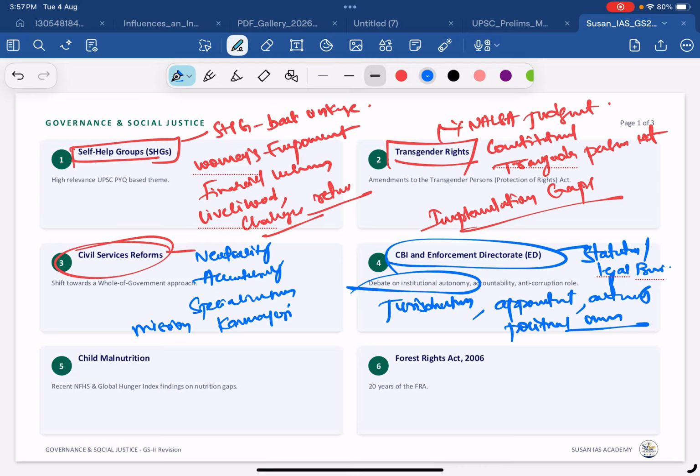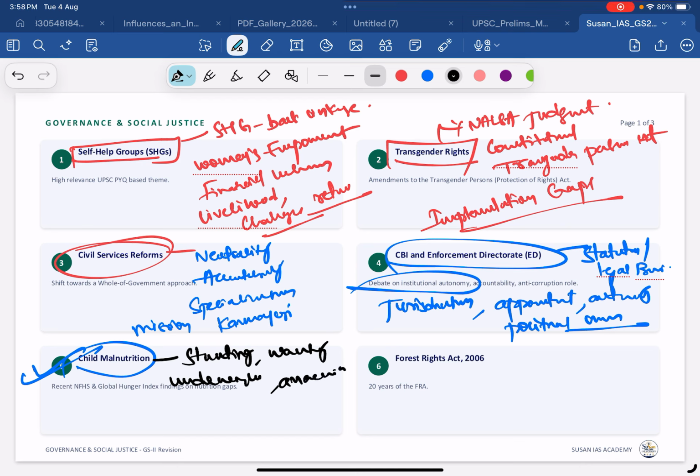Okay. Then issues in child malnutrition, you have to cover this child malnutrition topic extensively. So cover stunting, wasting, underweight, right? Anemia issue.